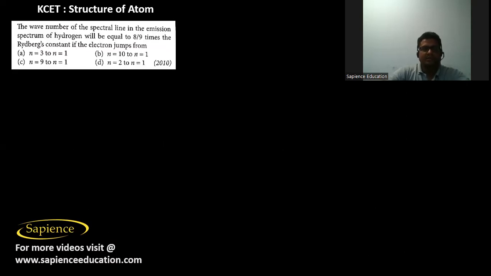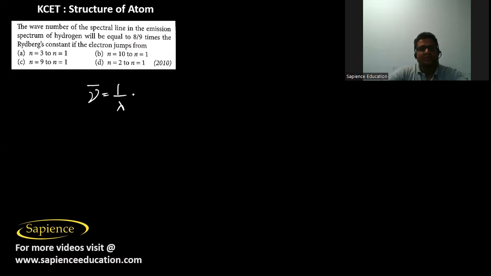Then here it is told the wave number of the spectral line in the emission spectrum of hydrogen will be equal to 8 by 9 times the Rydberg constant. The wave number, that is nu bar, is given as 1 by lambda. If the electron jumps from which level to which level, that is asked.